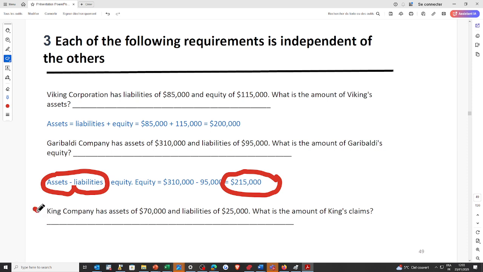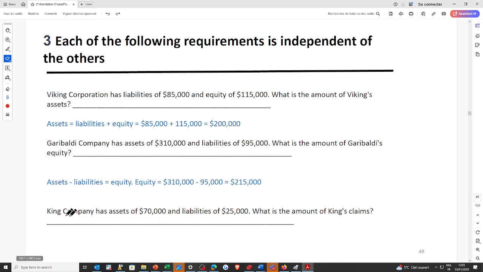The King company has assets of 70,000 and 25,000. So what is the amount of the King claim? What does it mean, the King claim, right? Remember, the amount of the King claim means that the company has a right to claim all of its assets, right?